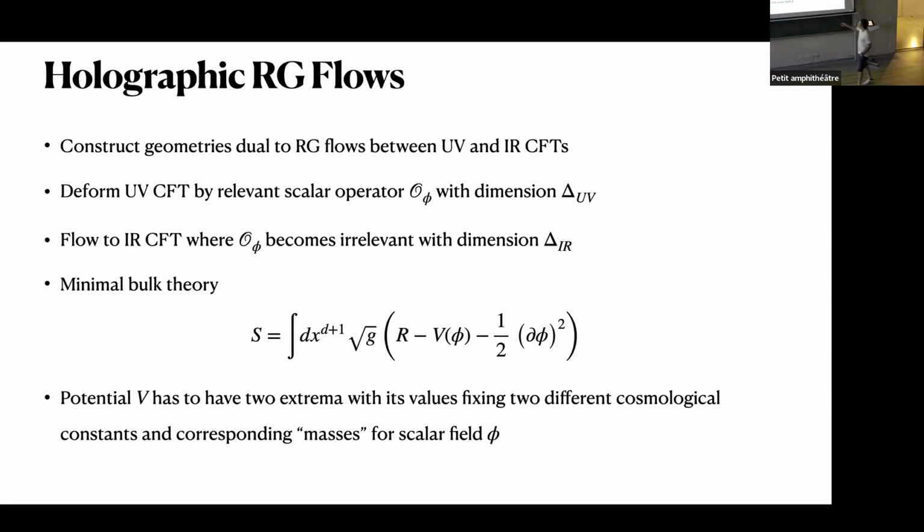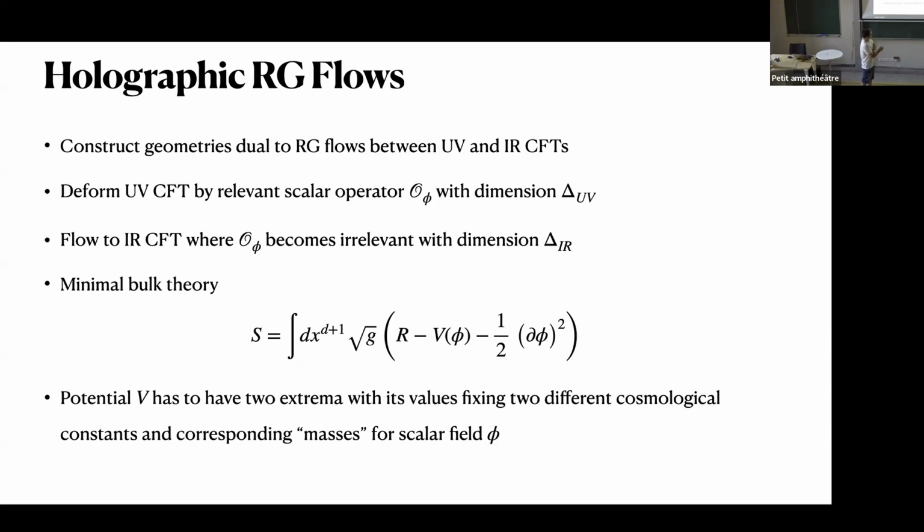So I have a potential here. Now the extremum of that potential fixes the cosmological constant. So the value of V at the extrema basically fixes the cosmological constant. Now if I have two vacua for this V, I can think of them as a UV fixed point and as an infrared fixed point.